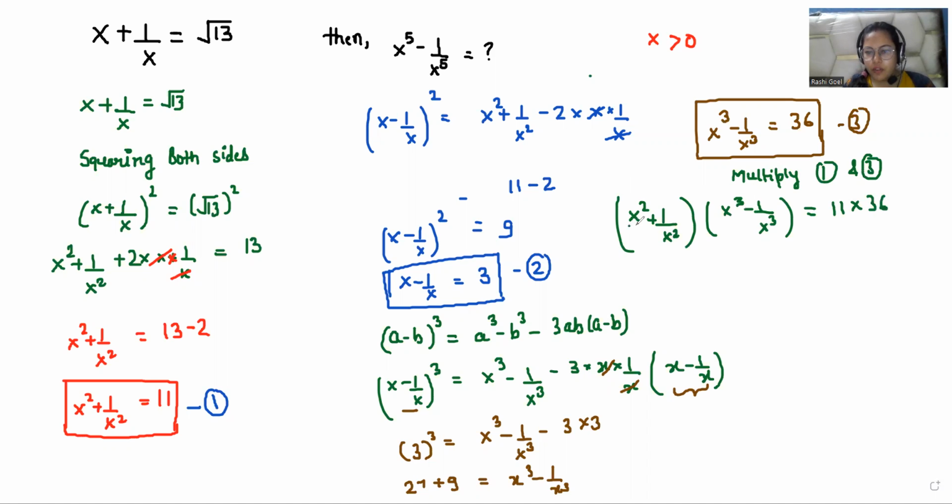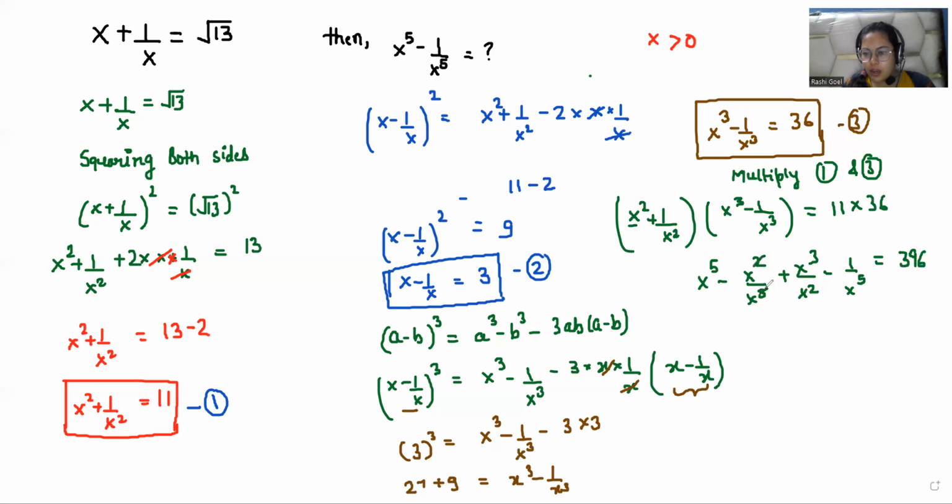So if I multiply the first term with the next whole bracket and the second term with the next whole bracket, x square times x cube is x power 5, minus x square over x cube, plus x cube over x square, minus 1 over x power 5 is equal to 11 times 36, which is 396.